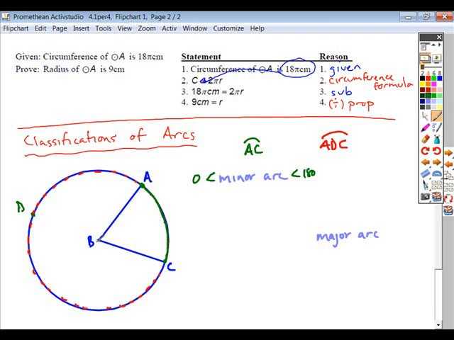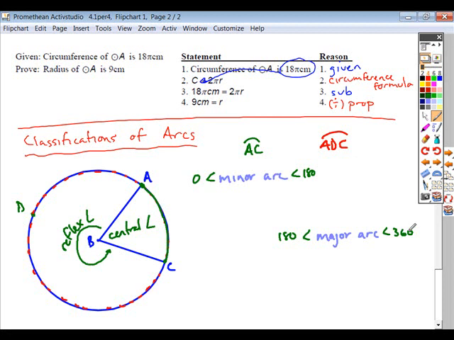Once you get past 180 degrees, do you remember what we called this portion of the central angle? Reflex angle. So once you get into the reflex angle, now you're talking about a major arc, and a major arc is more than 180 degrees, up to but not including 360.